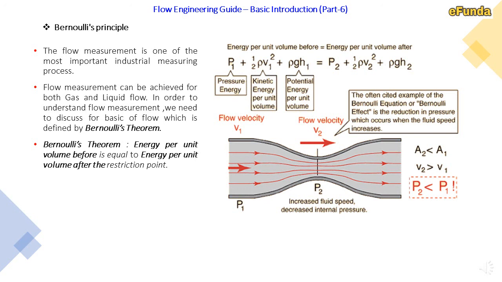As Bernoulli's theorem states, energy per unit volume before is equal to energy per unit volume after, where the pressure energy plus kinetic energy per unit volume plus potential energy per unit volume is equal to the pressure energy as well as the kinetic energy per unit plus potential energy per unit volume after the restriction.